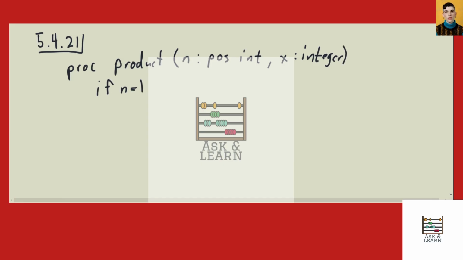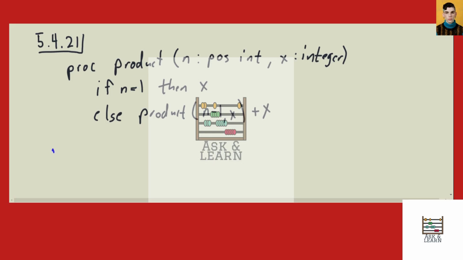If n equals 1, then we're returning x, else we're returning n minus 1. Oops, sorry. Back up real quick. The product of n minus 1 and x plus x. So we want to prove this using induction.